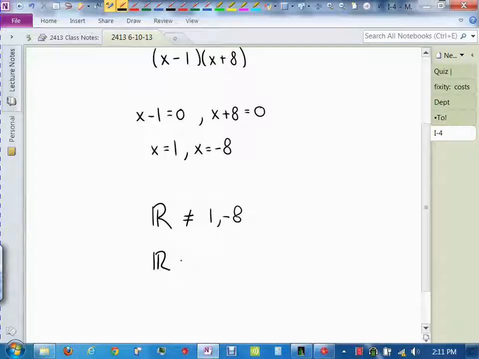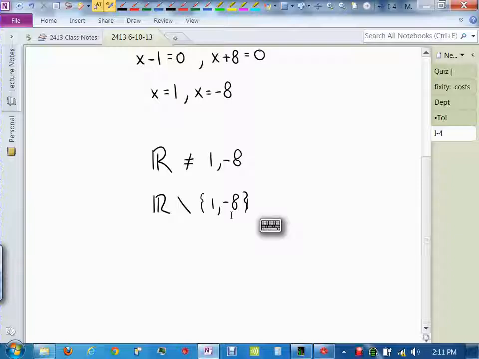All real numbers except the set 1, negative 8. That would be proper. Because this says all real numbers, take out these 2 points. Okay? Not equal. I understand what you're saying, but that's not the way we would write it mathematically. Okay, that's one way to write it.